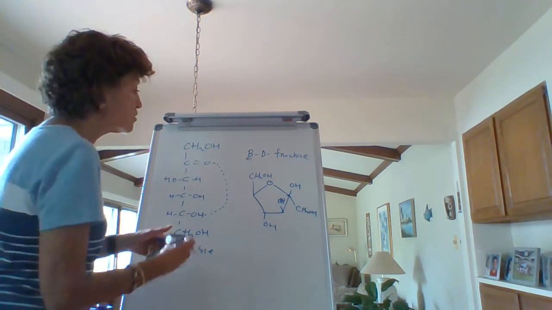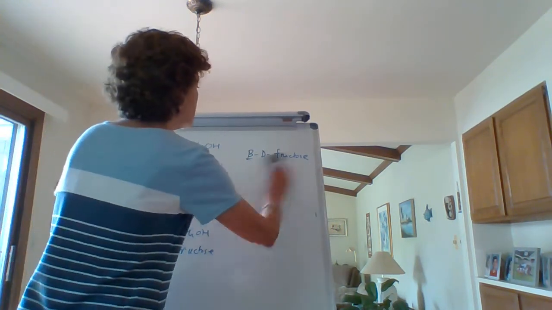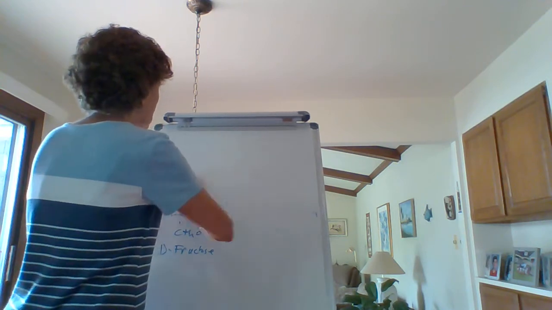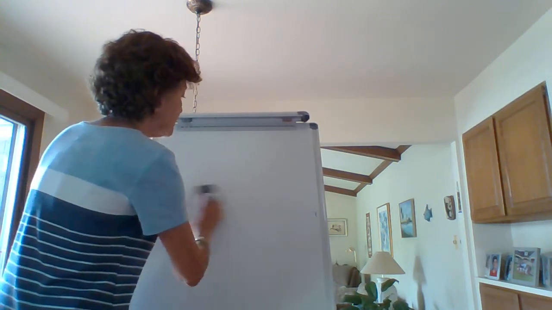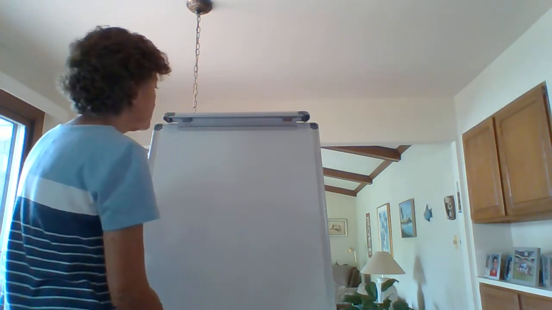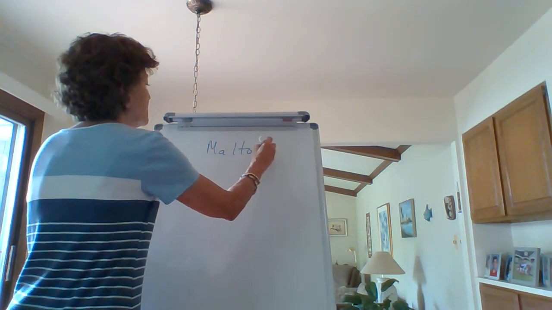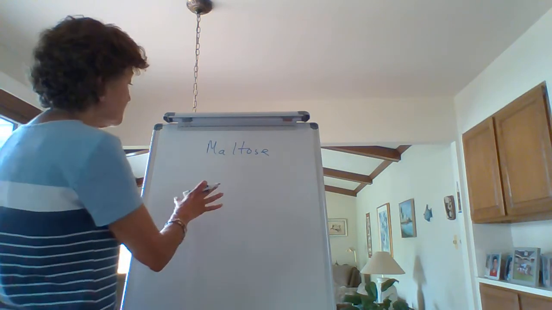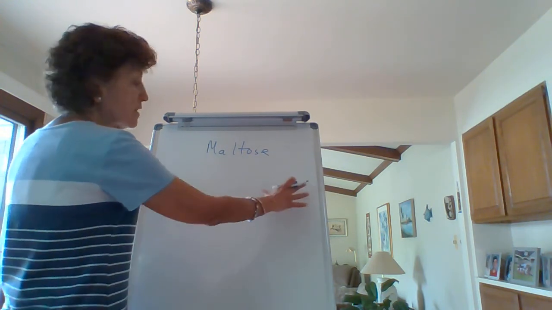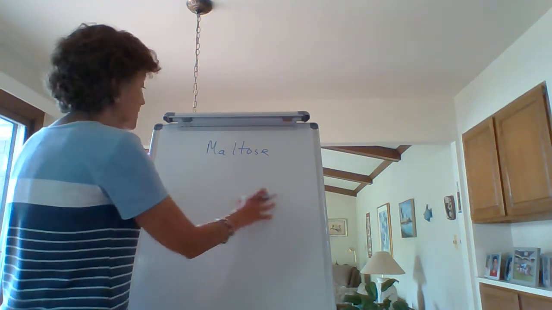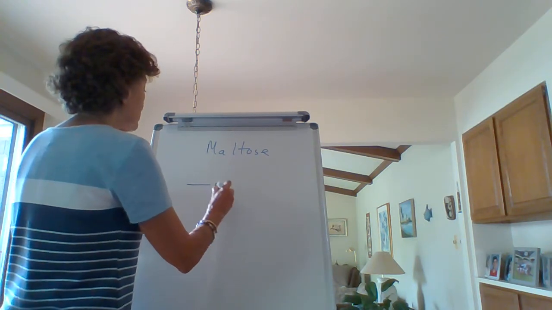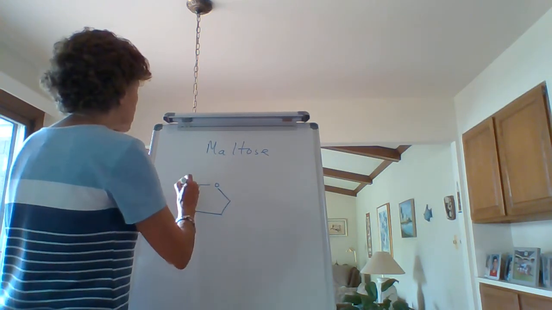So let's try to draw the simplest of the disaccharides. We're going to learn a bunch of structures, but the simplest one is just maltose. So what I want you to do is to draw an alpha D glucose and another alpha D glucose. So we're going to put them right next to each other. And I'm just going to do line drawing so I don't have too much clutter here.